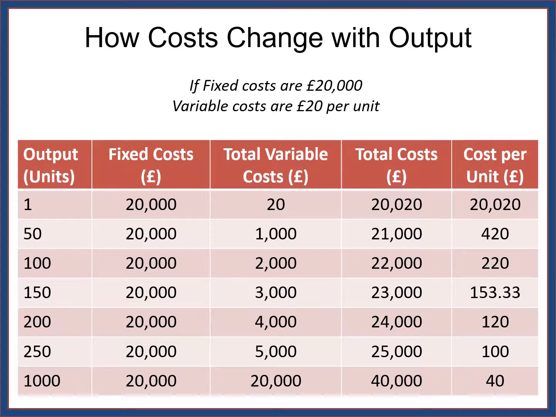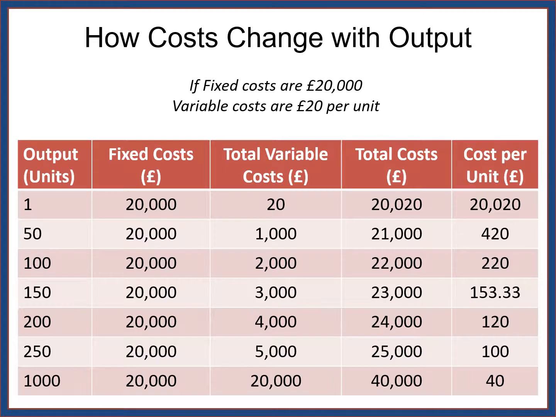So if we've got that, we do total cost divided by the number of units. Then we've got £20,020 as our cost per unit, because all those costs have to always be paid. And then, of course, it starts to change once we start upping how many products we're making. So at 50 units, we've still got our fixed costs.